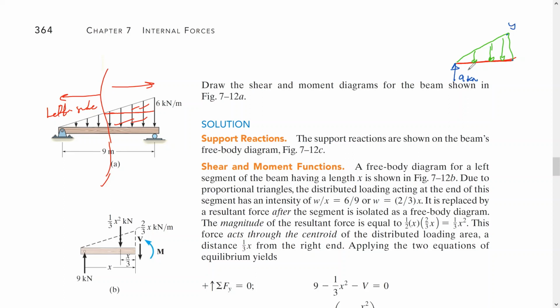We don't know this Y, and this is X, guys. Here we do have V, which is the shear, and we do have the moment. So how can we find an equation here for the shear and bending moment diagram, or how to draw them?